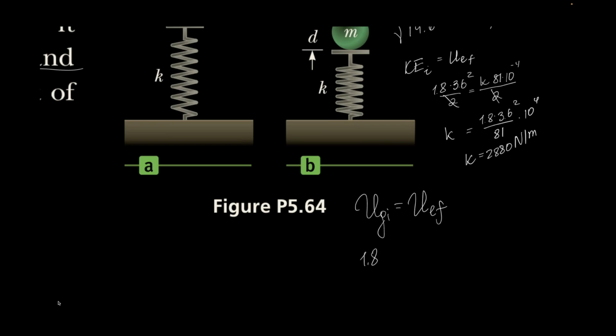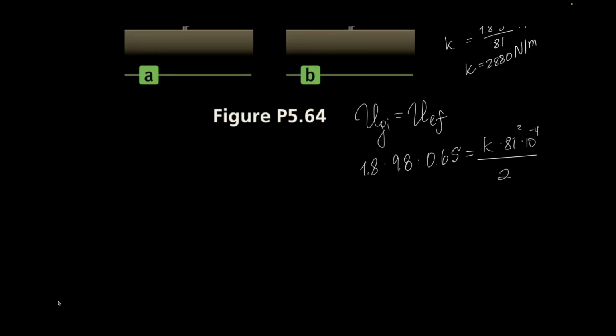I would say 1.8, which is mass, times 9.8, which is G. And then it was 65 centimeters above, so 0.65 equals K. And then, again, it's 9 centimeters squared, so that's going to be 81 squared times 10 to the negative 4th over 2, from where K is going to be 19.6 times 1.8 times 0.65 over 81 squared, all that times 10 to the 4th.